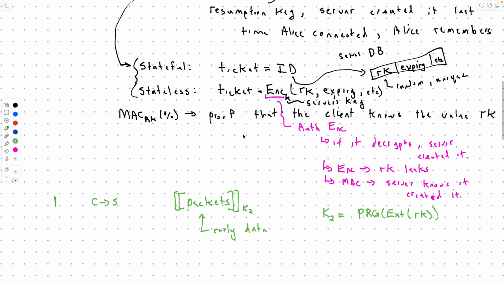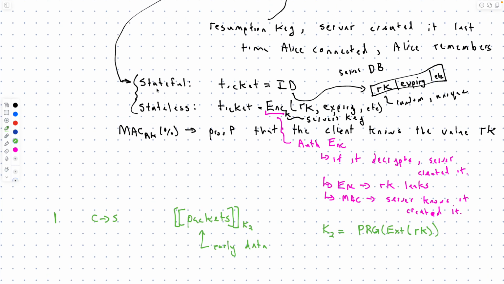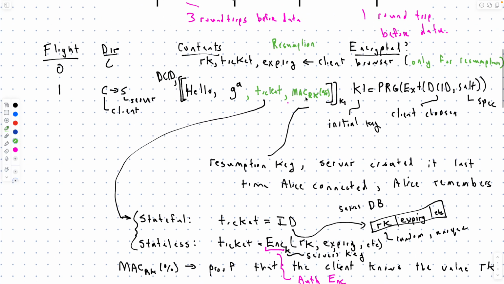The other thing the server might do, this is stateful, is if it's stateful already, it can just remember whether this has been used or not. Okay? So it can add a little flag, and basically the adversary won't be able to replay it until they see the ticket value and the RK value.